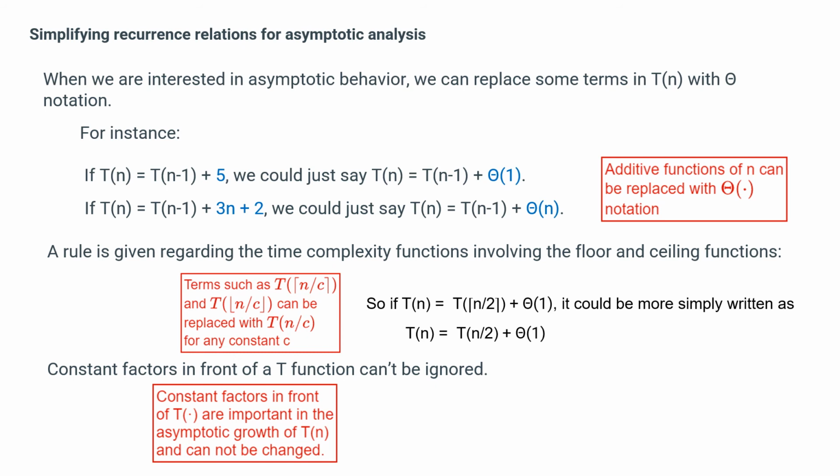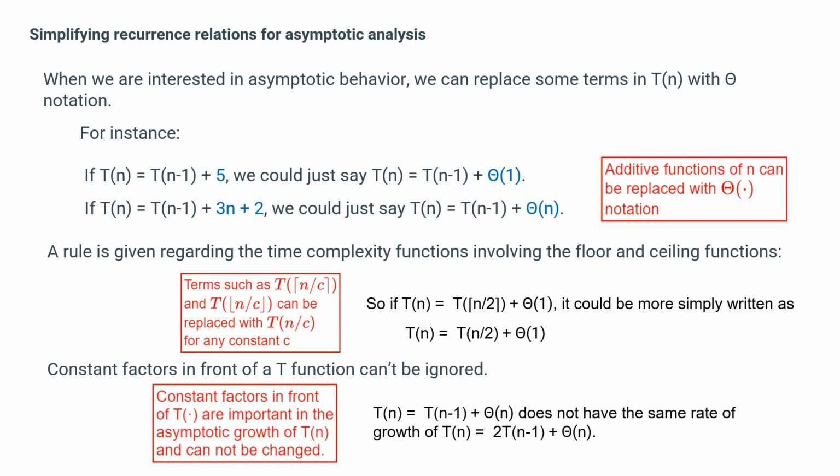And this is saying that we can't do that if we end up with a constant in front of a function value of T. So for instance, if I have T of n equals T of n minus 1 plus theta of n, that's very different than if I had T of n equals 2 times T of n minus 1 plus theta of n. We don't just drop that 2.